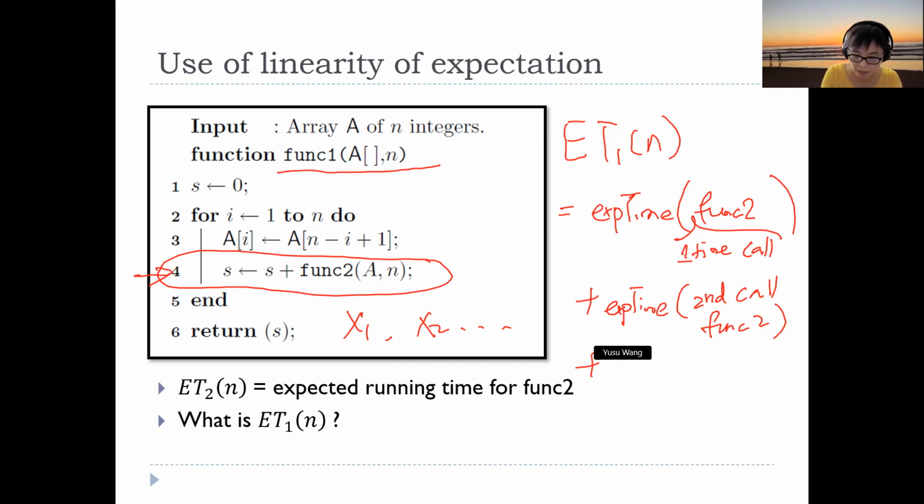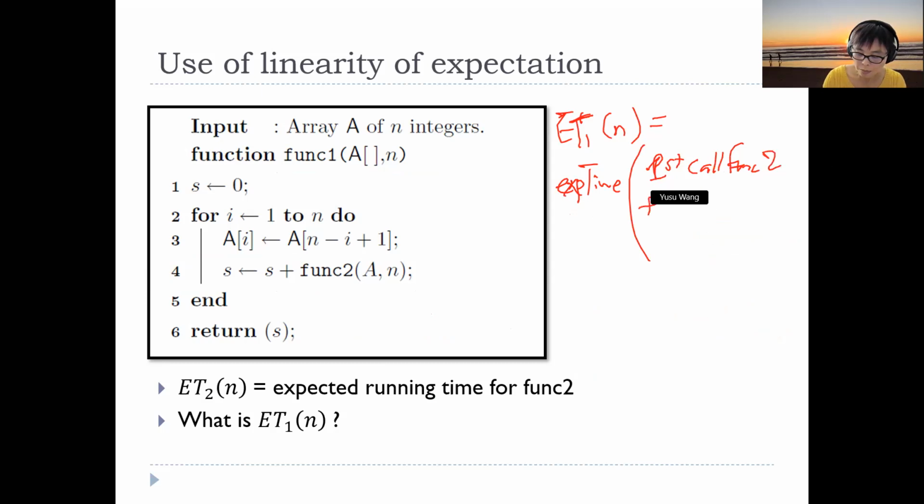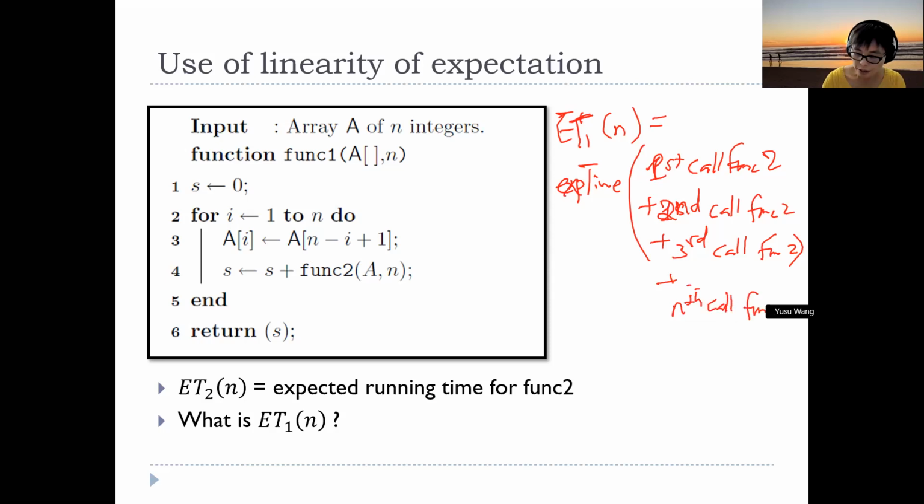Sorry, let me just rewrite it here. The expected time is the expected value of the time for the first call of function 2, plus the time for the second call of function 2, plus the third call, plus the nth call of function 2.